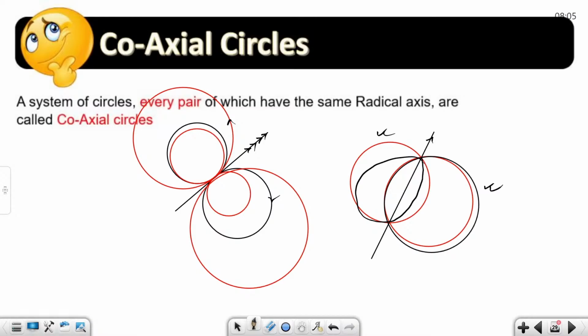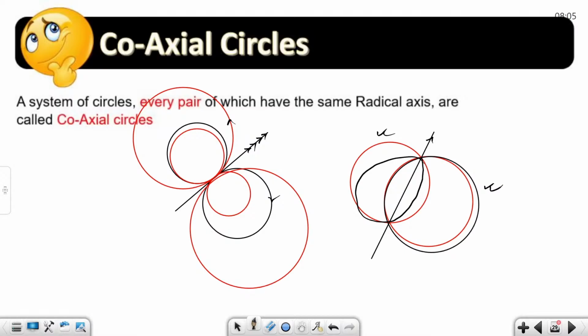So one very common fact is that when a series of circles are said to be coaxial circles, it means that all these circles are having the same radical axis. It means they are actually talking about a family of circles. Is it not like that?